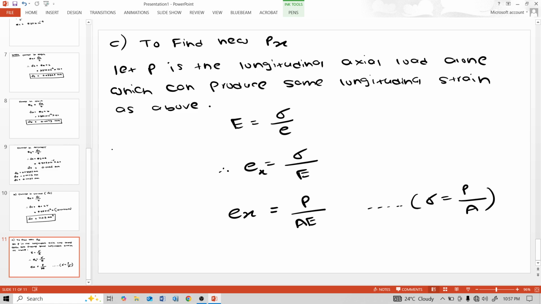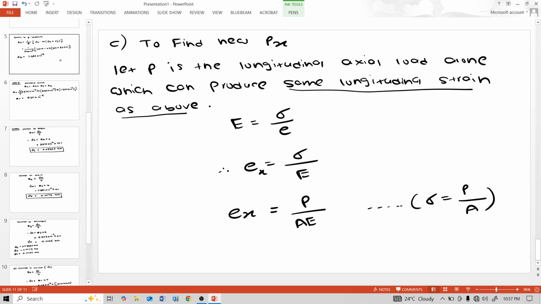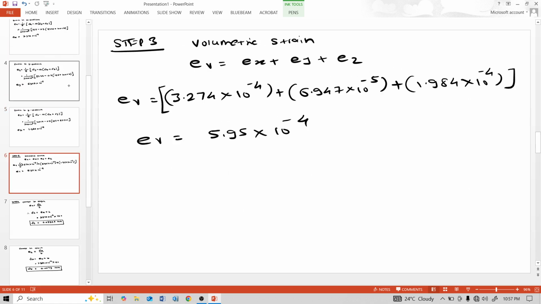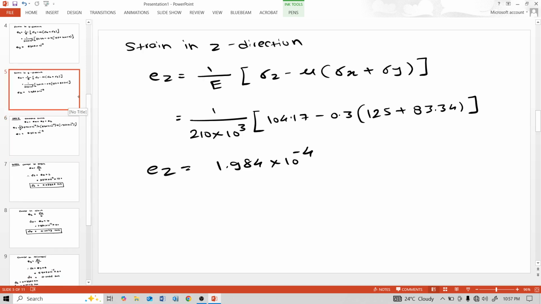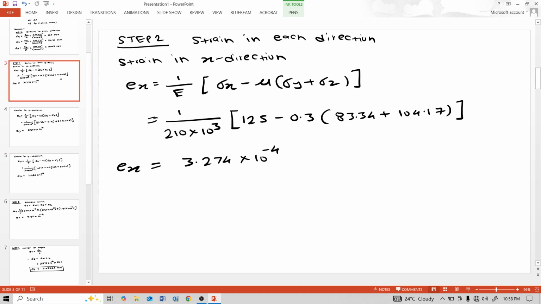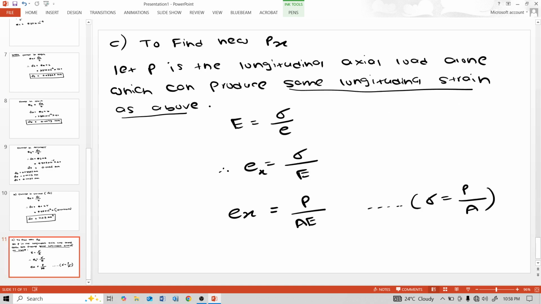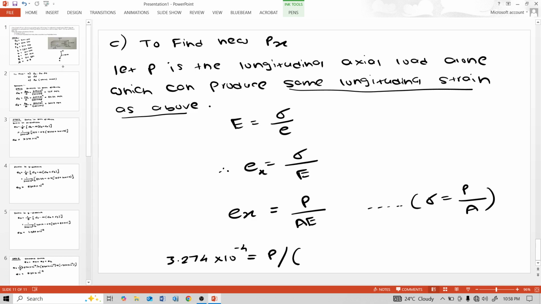Strain in x direction, same longitudinal strain as above, is 3.274 into 10 raised to minus 4, equal to P divided by area for that longitudinal load.